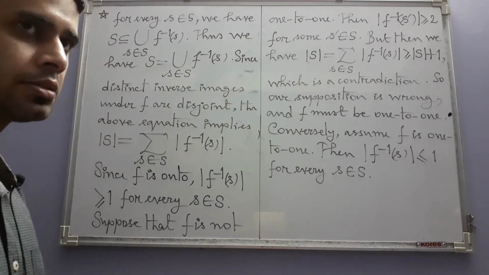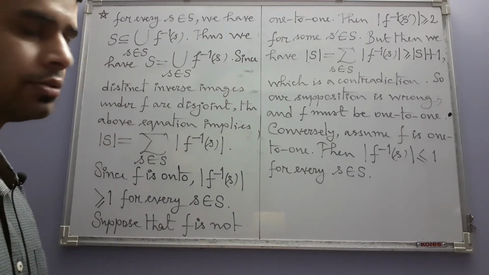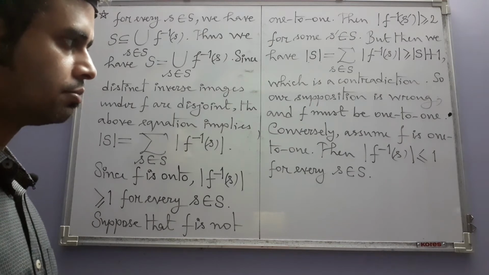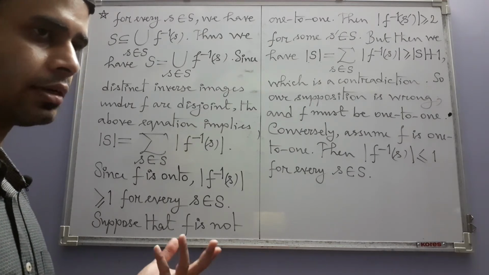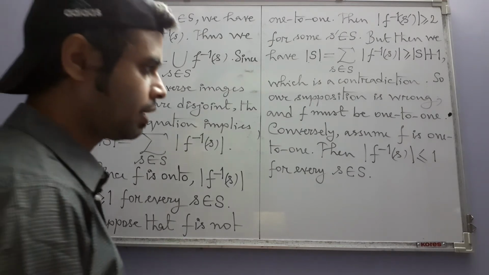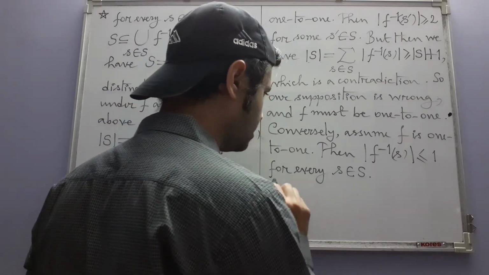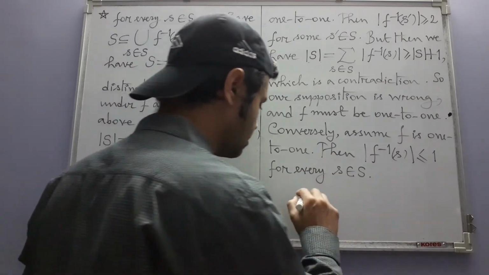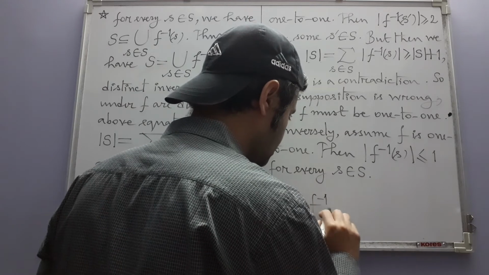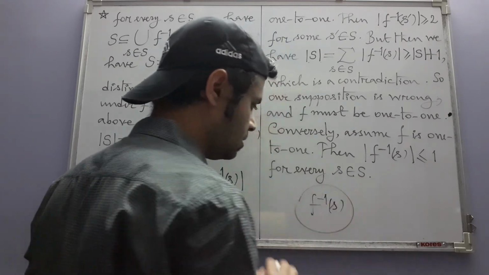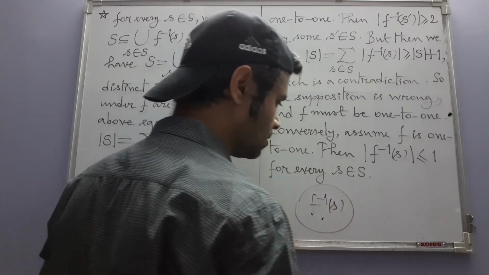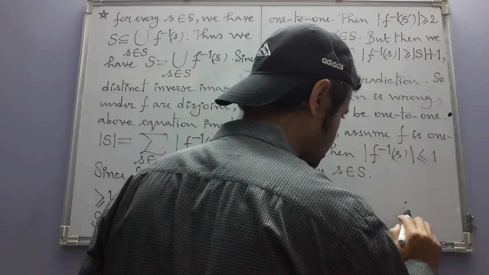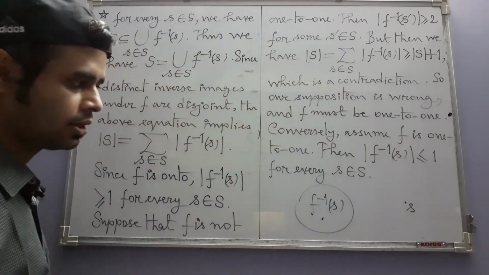Some inverse images may be empty, we don't know, but when you have an inverse image that is non-empty, that means you have something, an input for the given element. If this inverse image is non-empty, that means there is something, and on this side you have the output s.